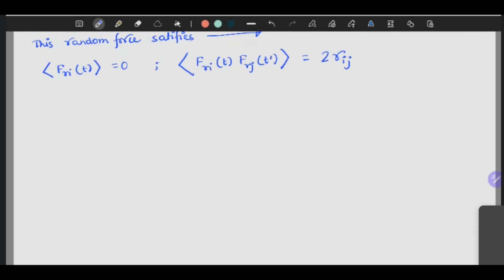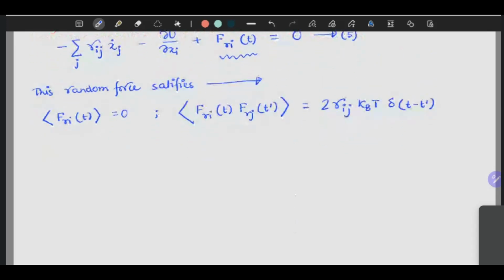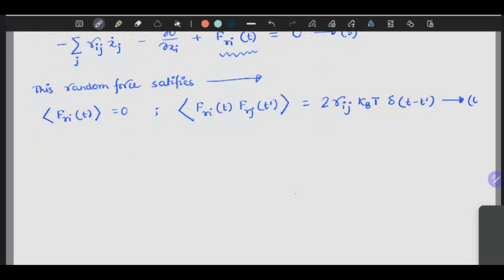This gamma was earlier a constant for spherical particles, but for an asymmetric particle, this is a matrix. So it is 2 gamma ij kBT delta of t minus t prime. This is the generalized equation.